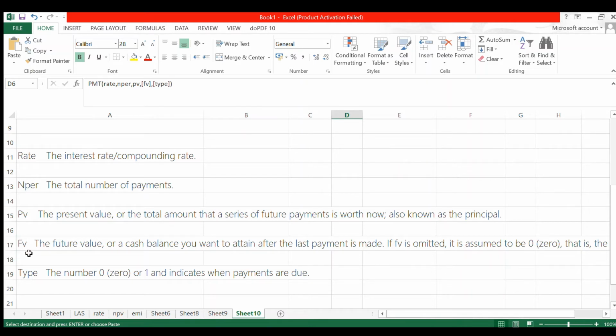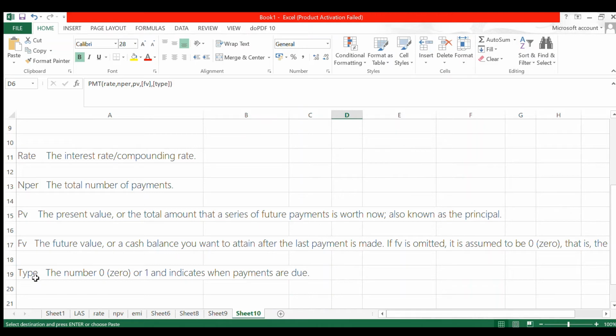The next input value is FV, which means the future value or a cash balance you want to attain after the last payment is made. In case of a loan EMI calculation, FV will be 0, but in this case, FV will be the amount that we are planning to accrue at the end of our saving period.